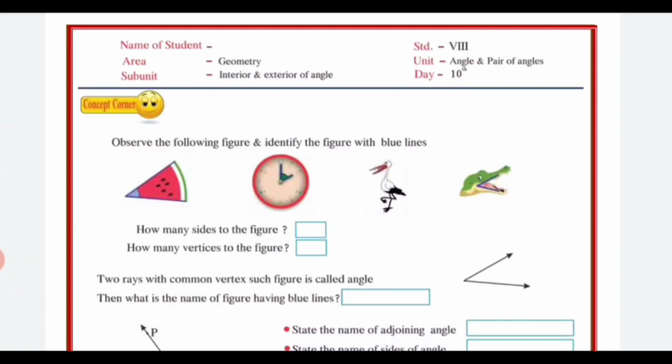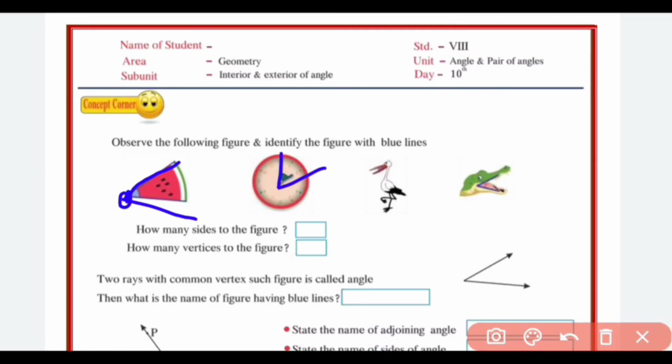We have to observe the figure and identify the figure with blue lines. How many sides can you see in each figure? You can see two sides, and one vertex.